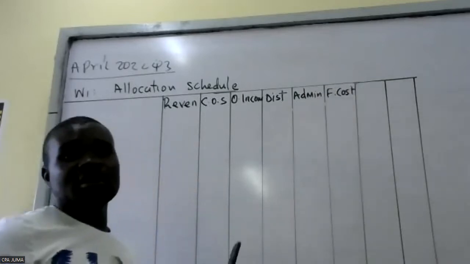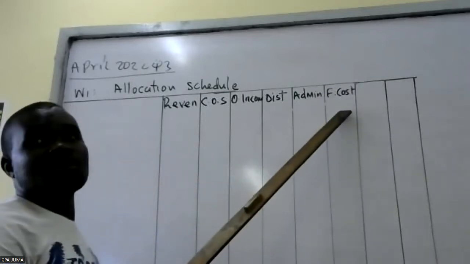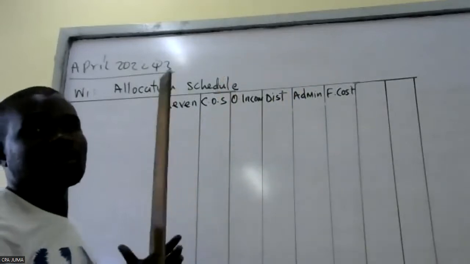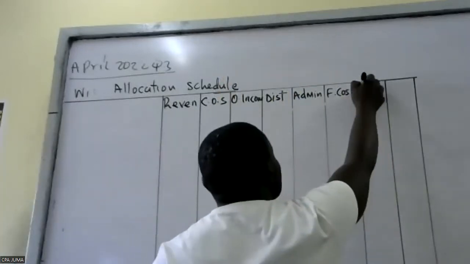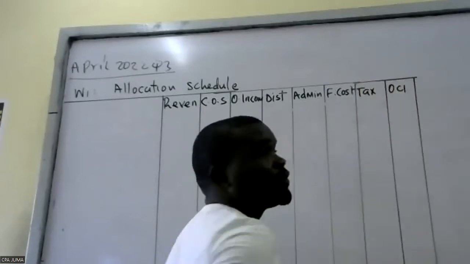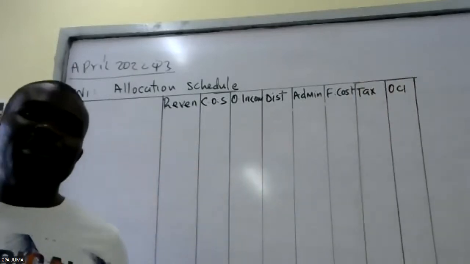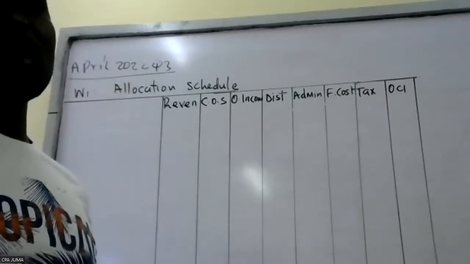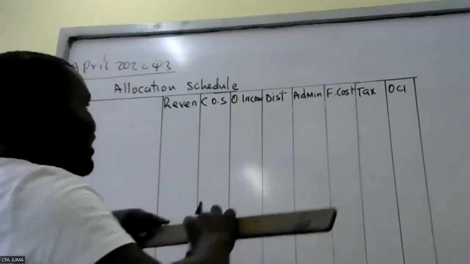After admin, finance cost, tax, then OCI. OCI stands for other comprehensive income.